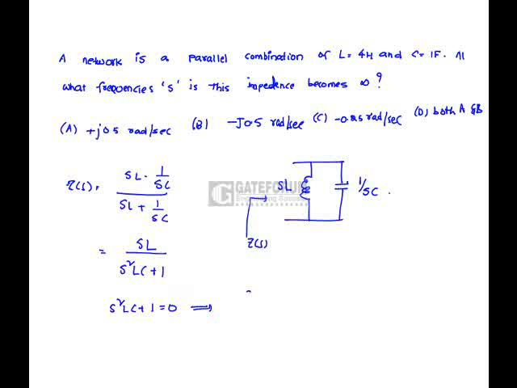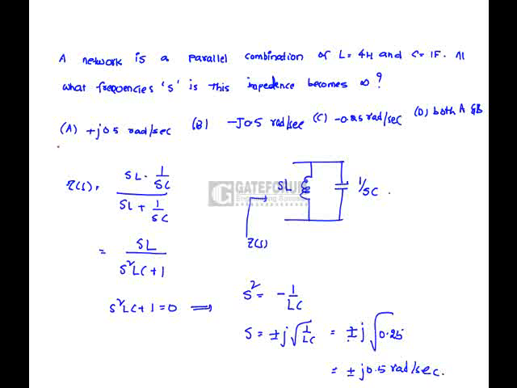That means s square equals minus 1 by LC, that is s equals plus or minus j under root 1 by LC, which is plus or minus j under root 0.25, which is plus or minus j 0.5 radians per second.